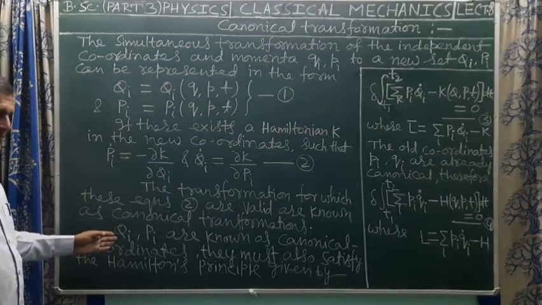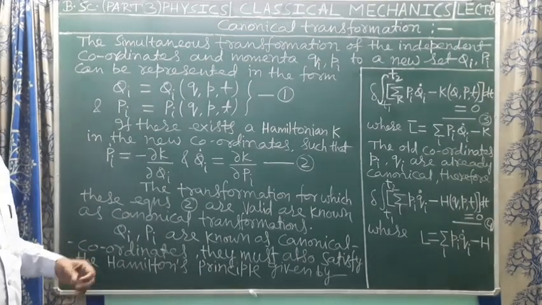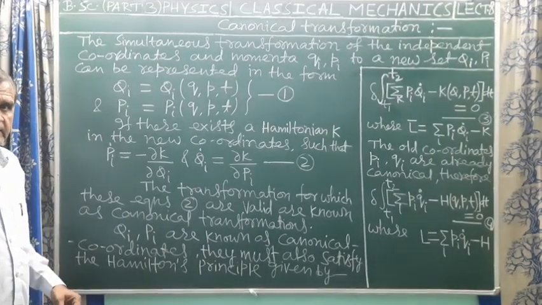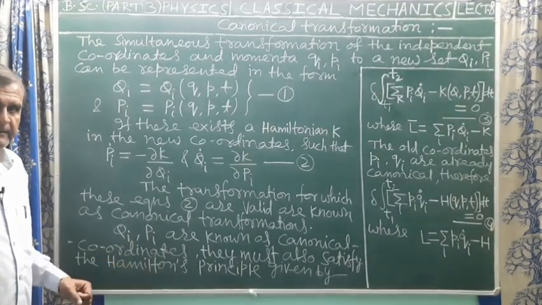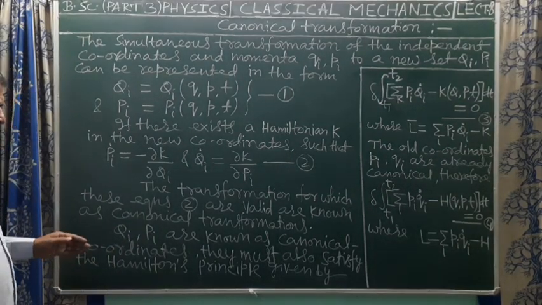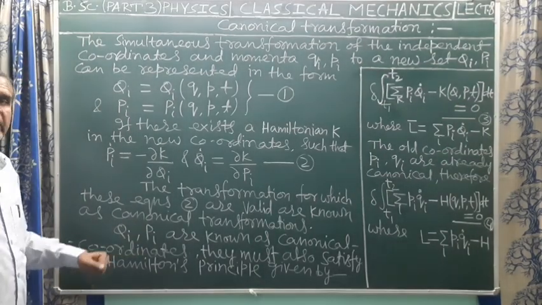Capital Qi, the position coordinate in the new coordinate system, and capital Pi, the momentum coordinate in the new coordinate system, are known as canonical coordinates.